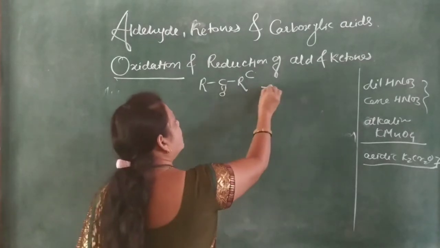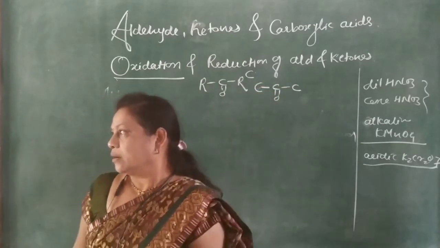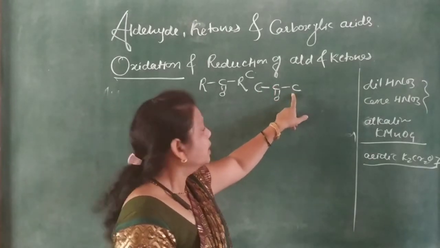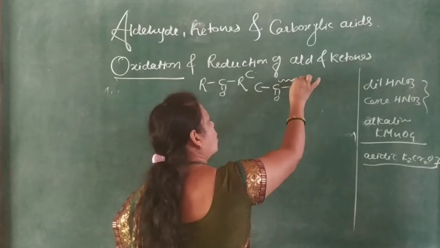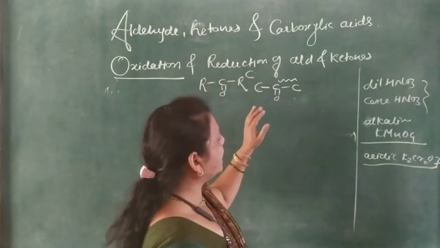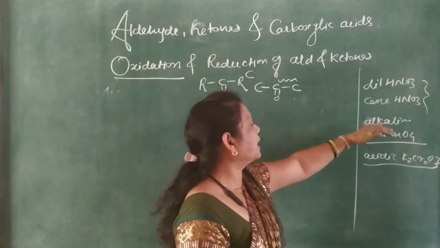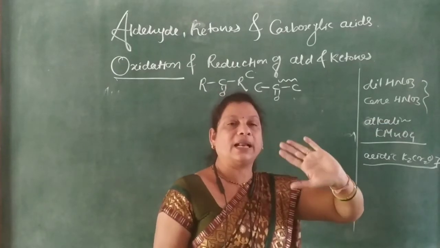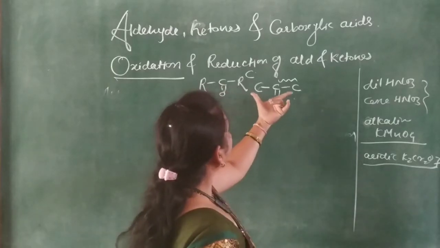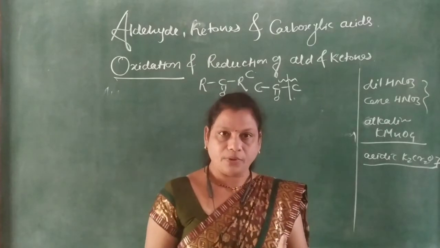So because of this C-C bond, here C and here C, and this is a strong bond, oxidation of ketone is carried out in the presence of the strongest oxidizing agents, for example hot alkaline KMnO4 or CrO3. And here it gives a carboxylic acid with fewer carbon atoms.